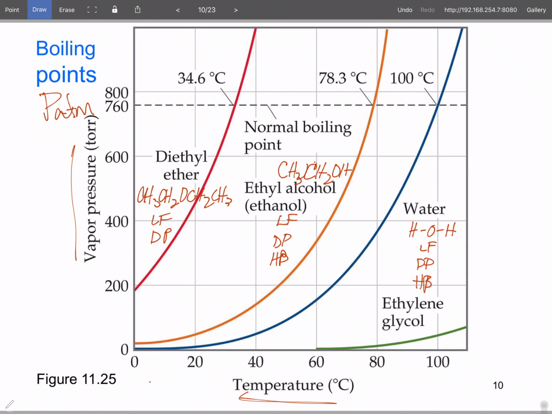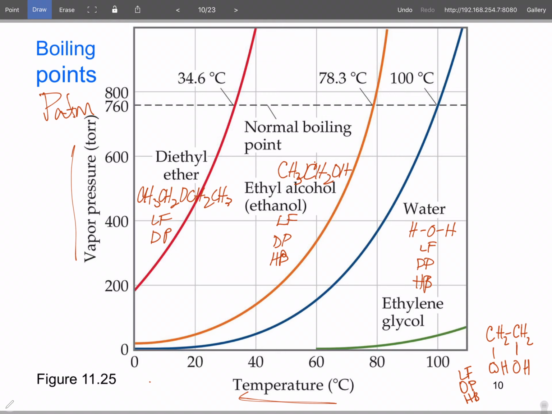So it has the most. And then ethylene glycol is HOCH2CH2OH. So if you look at it, it has a whole lot more of everything because it's got more size, more polar bonds, and more hydrogen bonding.